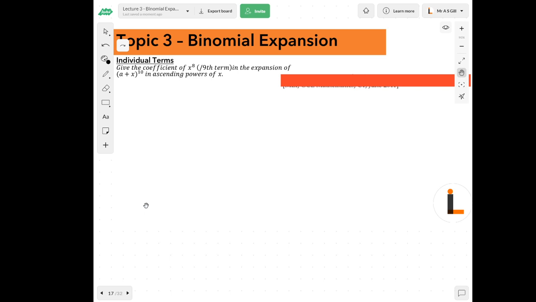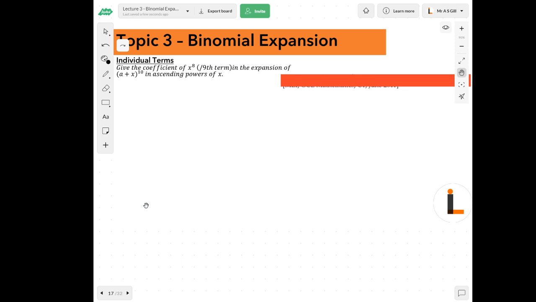Okay, so next thing is about finding and looking at individual terms. I'm just going to block that question out for a second. So, looking at individual terms. It says give the coefficient of x to the power of 8, the 9th term in the expansion of a plus x to the power of 10 in ascending powers of x. This bit is really important.